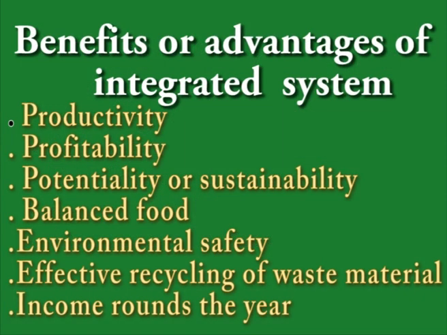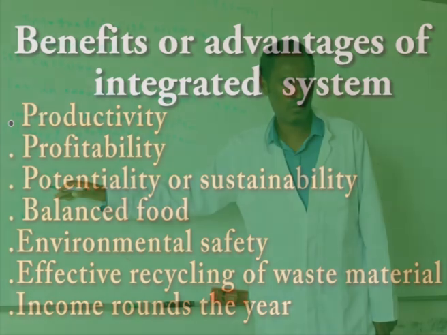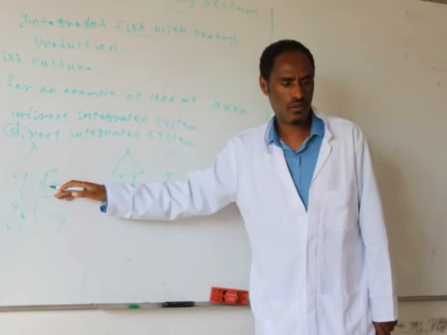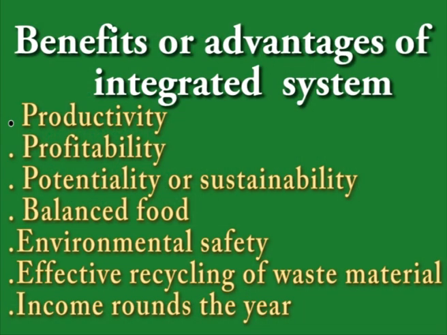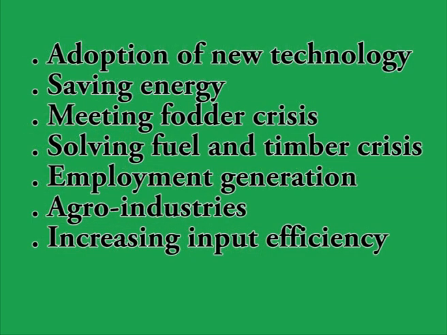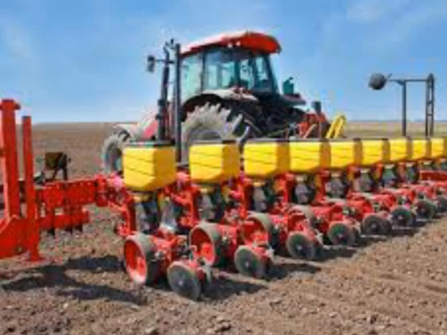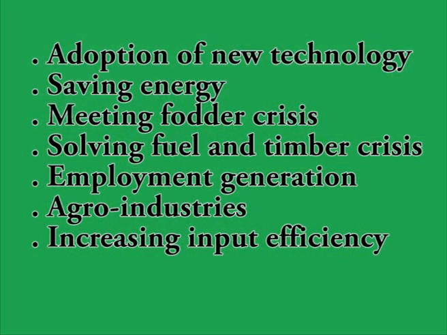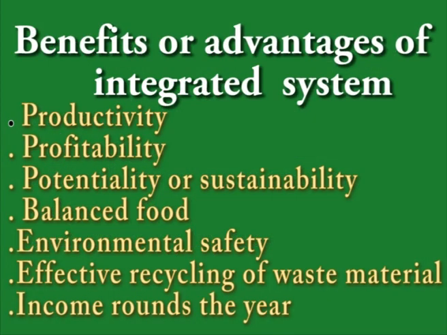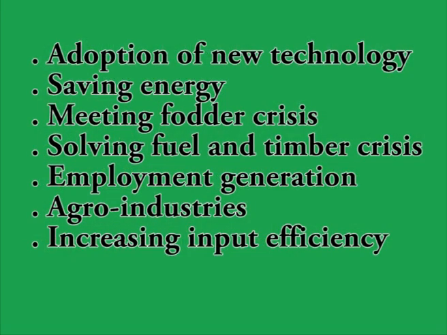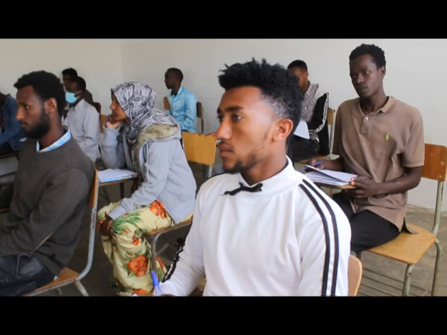Basically, there are a lot of advantages, but among them: productivity, profitability, potentiality or sustainability, balanced food or diet, environmental safety, effective recycling of waste material, income around the year, adoption of new technology, saving energy, meeting fodder crisis, solving fuel and timber crisis, employment generation, that means job opportunity, agro-industry, and increasing input efficiency are benefits or advantages of integrated farming systems.